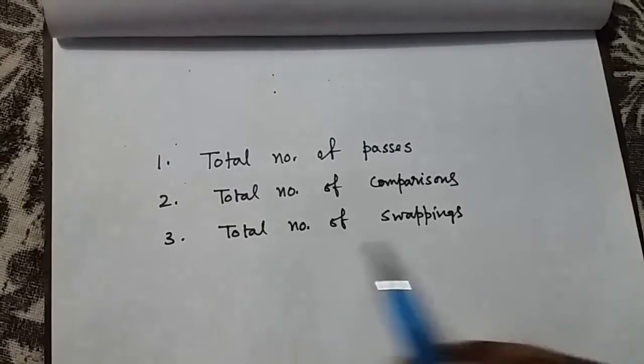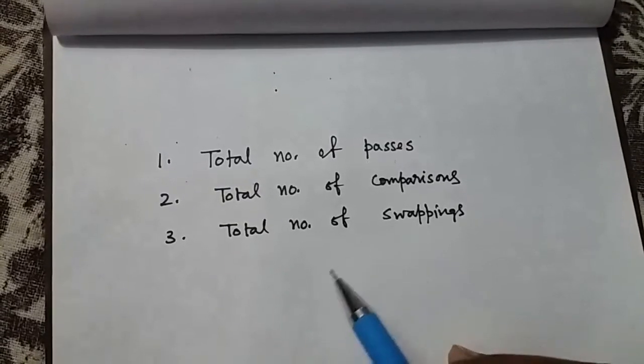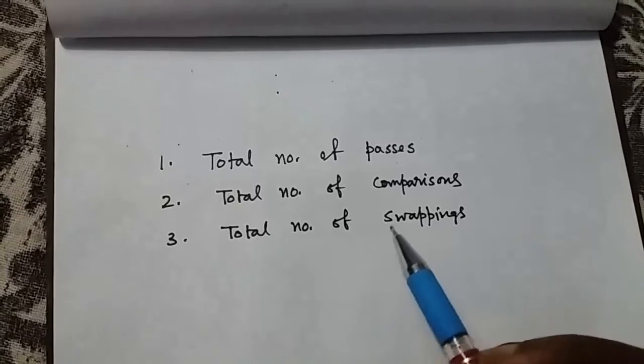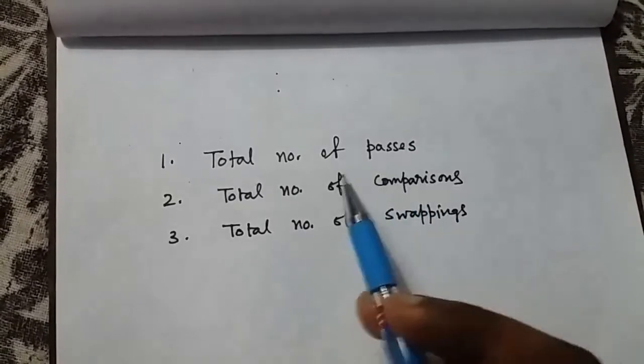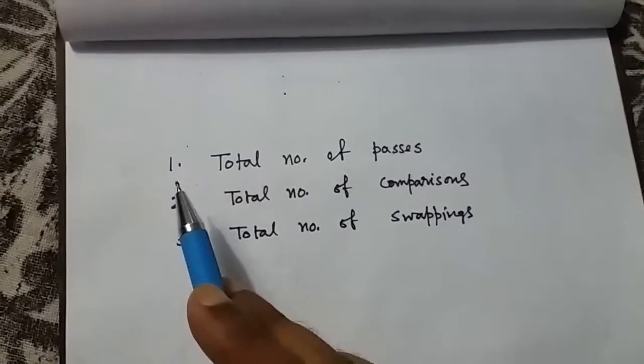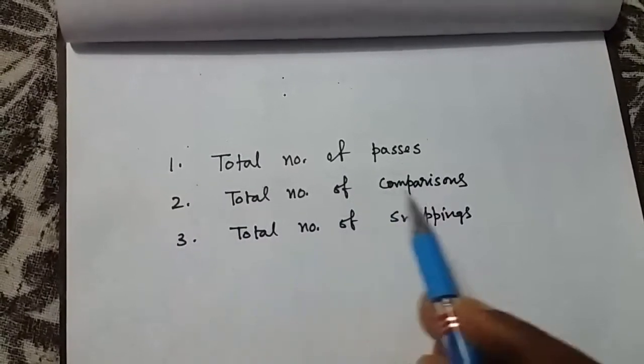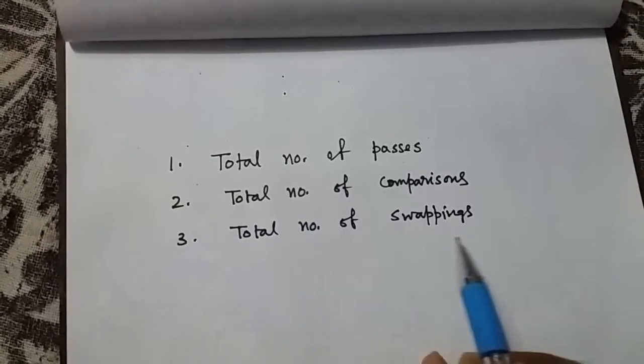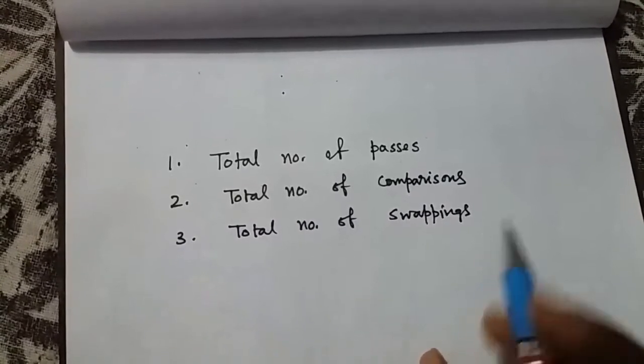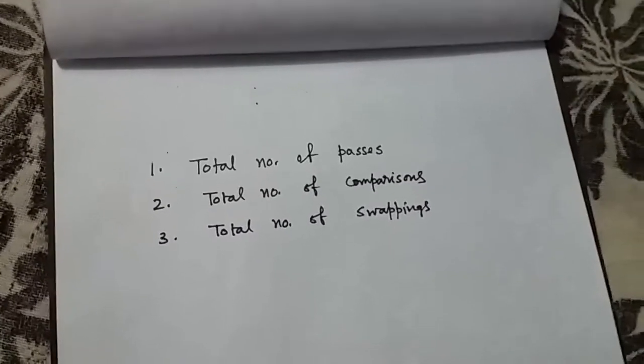Three important theoretical questions that you may face in the examination regarding selection sort are: number 1, total number of passes; number 2, total number of comparisons; and number 3, total number of swappings. So let's see.